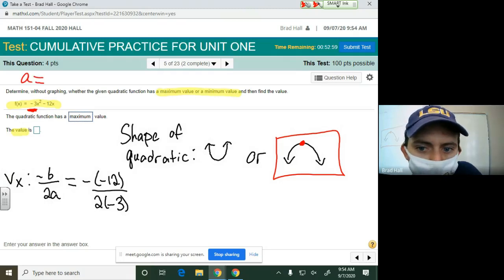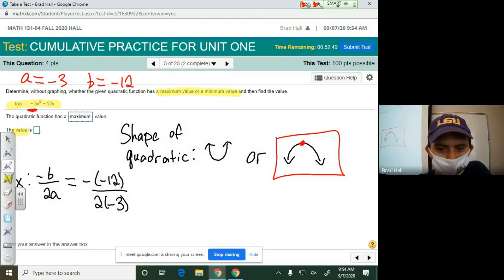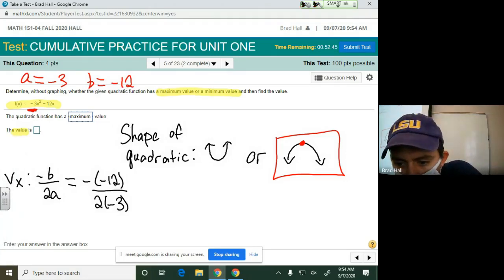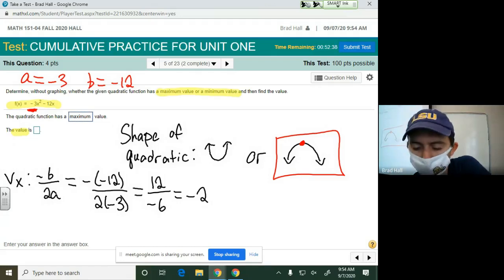This is because a is -3 and b is -12. So I plugged in a and b appropriately. And so this is 12 divided by -6, which is -2. That's not the answer. Just because we did a sequence of steps doesn't mean that we have the final answer.